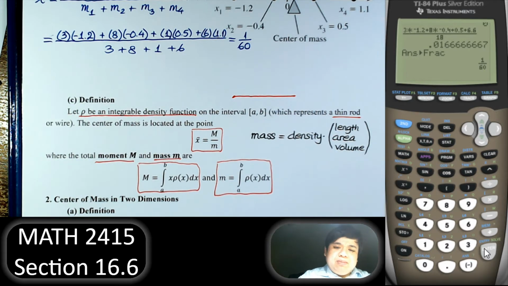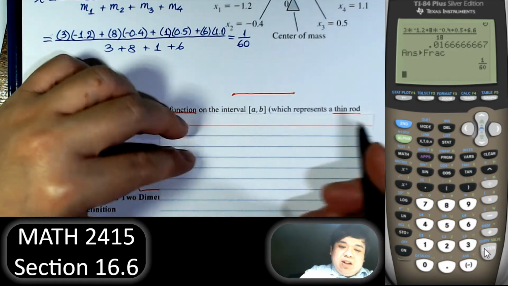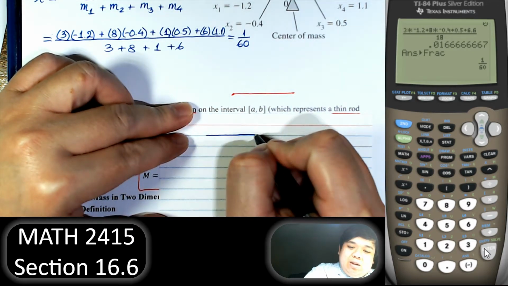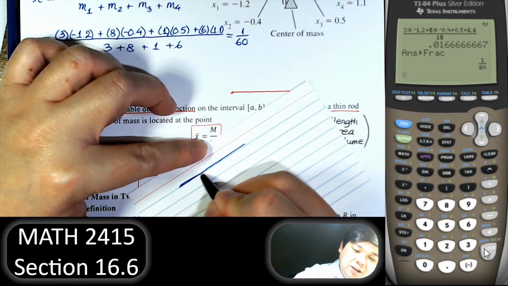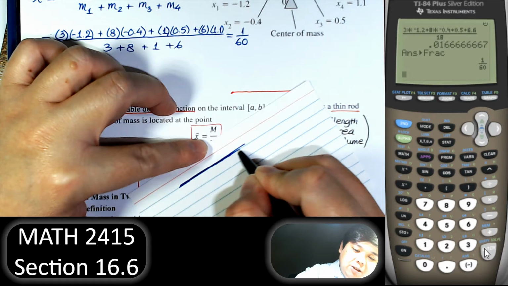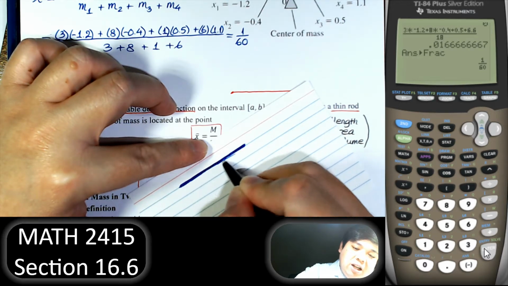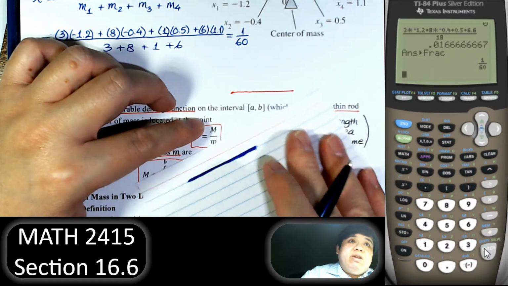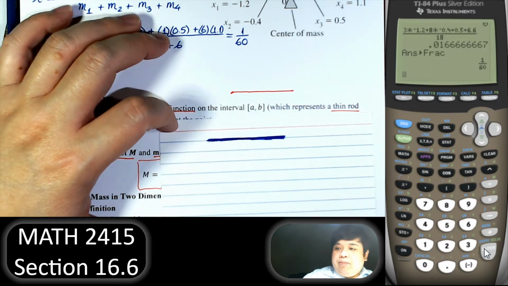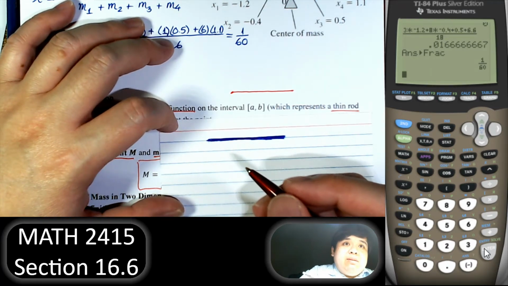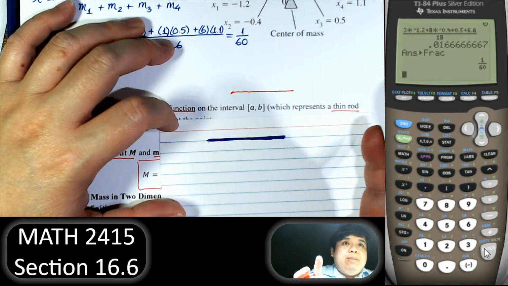And the density, think about this. Consider you have a piece of wire. It might be difficult to imagine that the mass is different at different points on the wire. But think about this. Let's say instead of talking about mass, we talk about temperature.